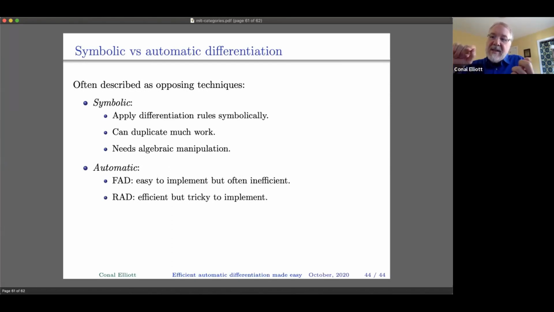Okay, so then you say, all right, we're going to shift it up a bit. We're going to first curry it. We're going to take a value going in, and we're going to give you a value going out and a function from the derivative going in to the derivative going out. And by the way, that function is linear. That is the general notion that I call differentiable computable functions.